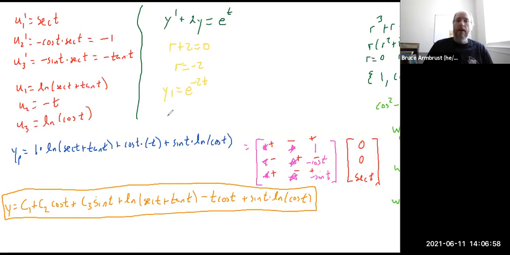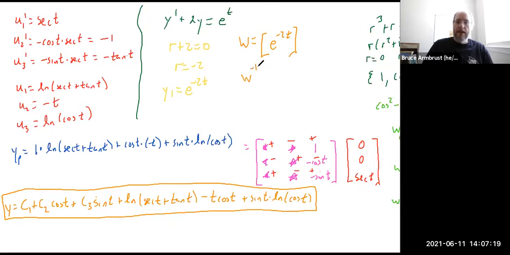So in terms of the Wronskian business, here's my Wronskian W. It's going to be a 1-by-1 matrix, which is just e to the -2t.